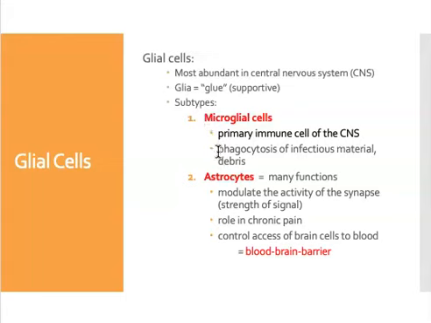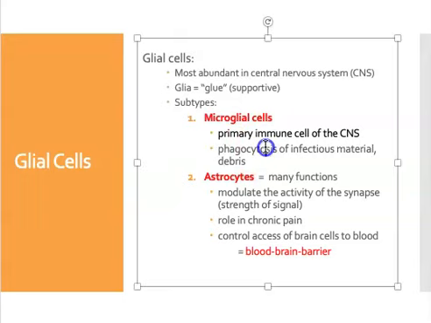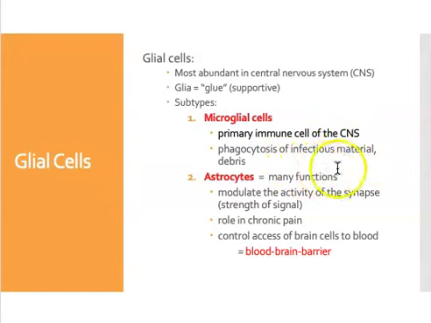These are phagocytic cells, so when they encounter either foreign material or infectious material like bacteria or viral particles, they go through phagocytosis and they take that foreign material inside of themselves and they destroy it.